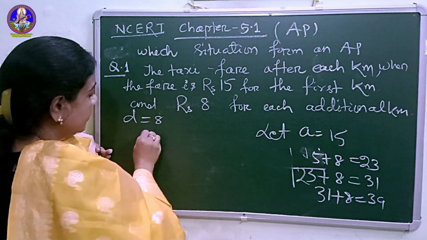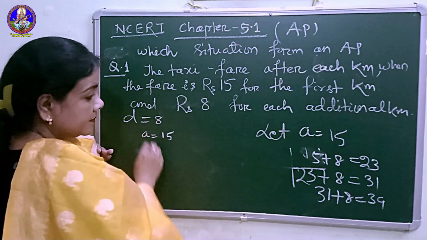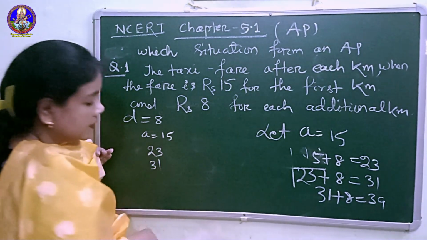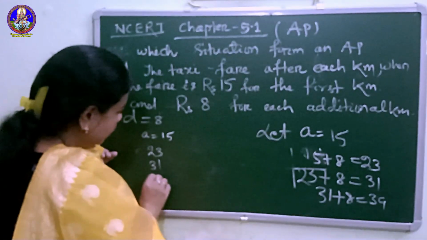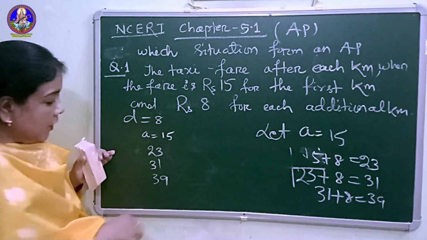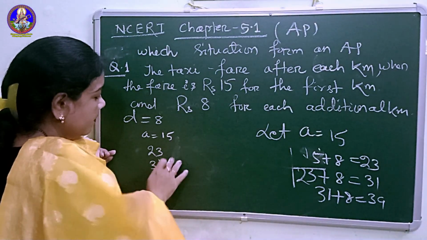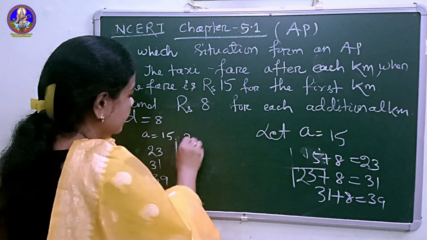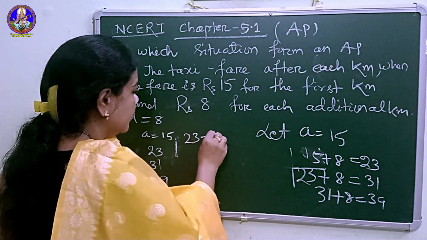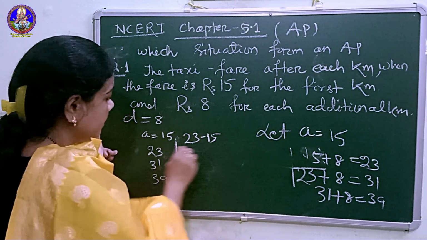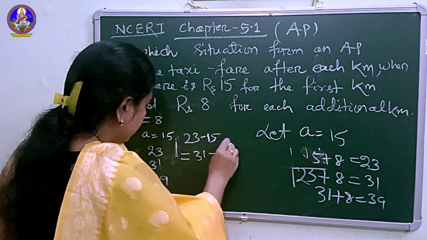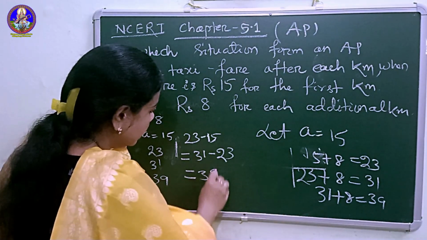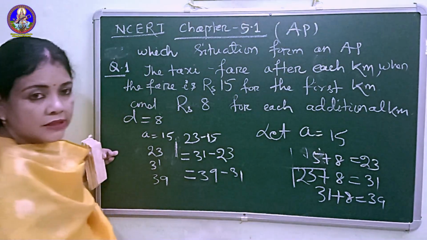Go, for example, here A is 15, second term is 23, third term is 31, fourth term is 39. If you find the difference between the second term and first term, 23 minus 15, that is also equal to third term minus second term, that is also equal to fourth term minus third term.